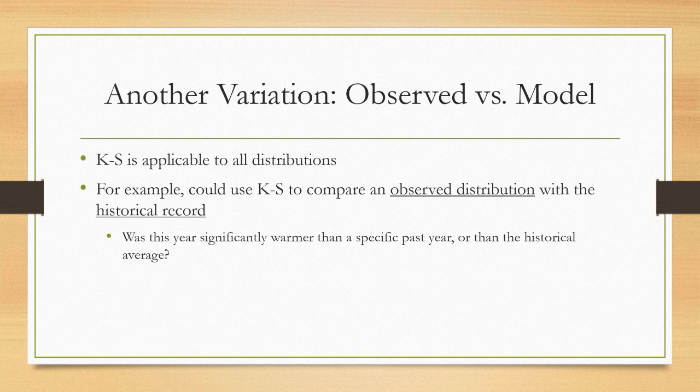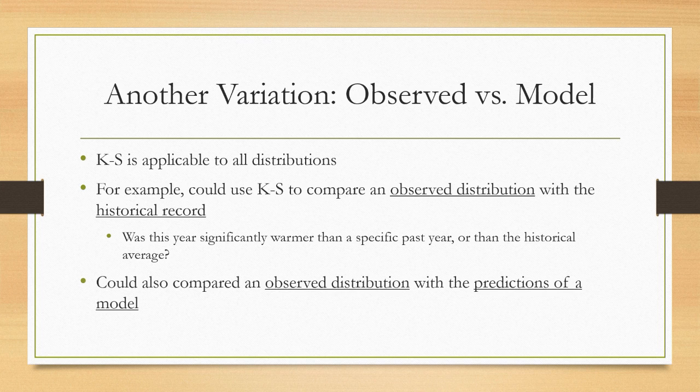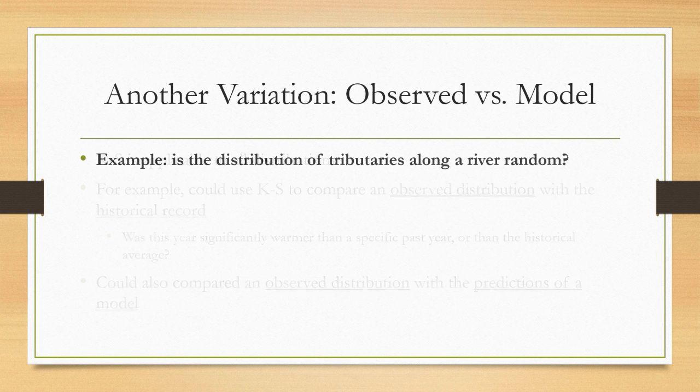So that would answer this kind of question: was this year significantly warmer than a specific past year or historical averages? But where we're going here is comparing an observed distribution with the predictions of a model. Observed versus model.